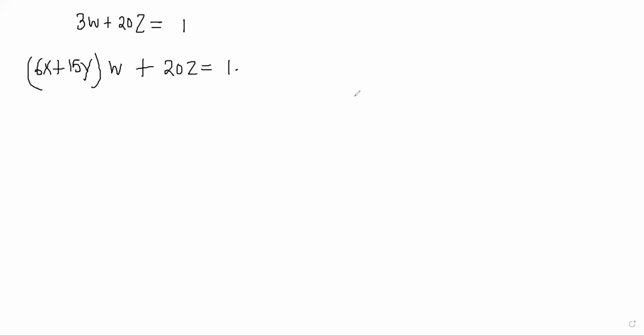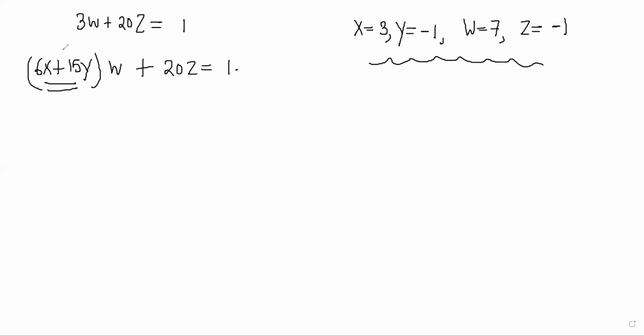Correct. This equation has the solutions x is equal to 3, y is equal to -1, w is equal to 7, and z is equal to -1, right? Because we have already found the solutions which solve w and z, right? Correct. So the equation can be rewritten basically as 6x times w plus 15y times w plus 20z is equal to 1, right?